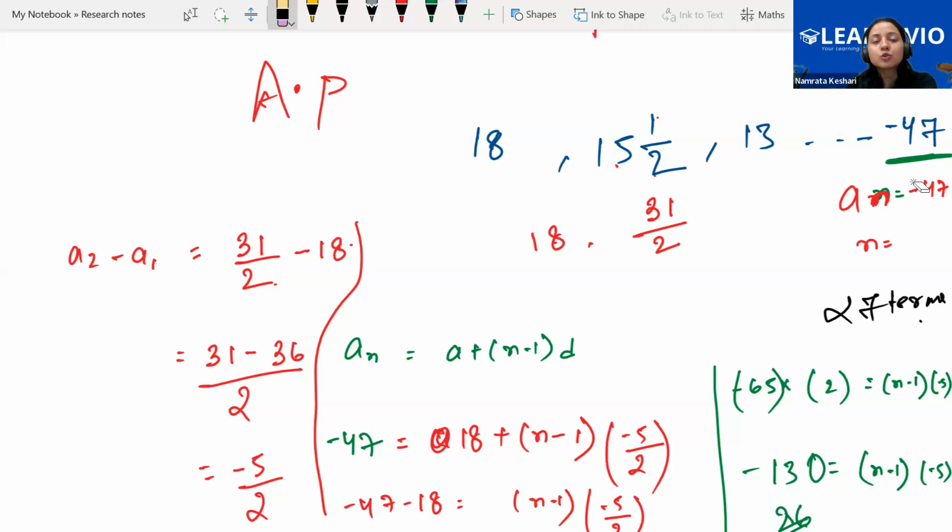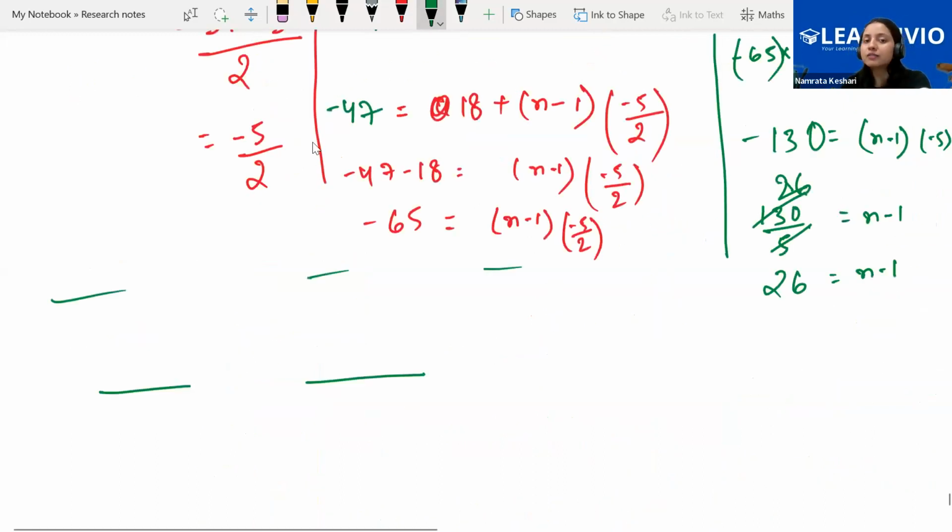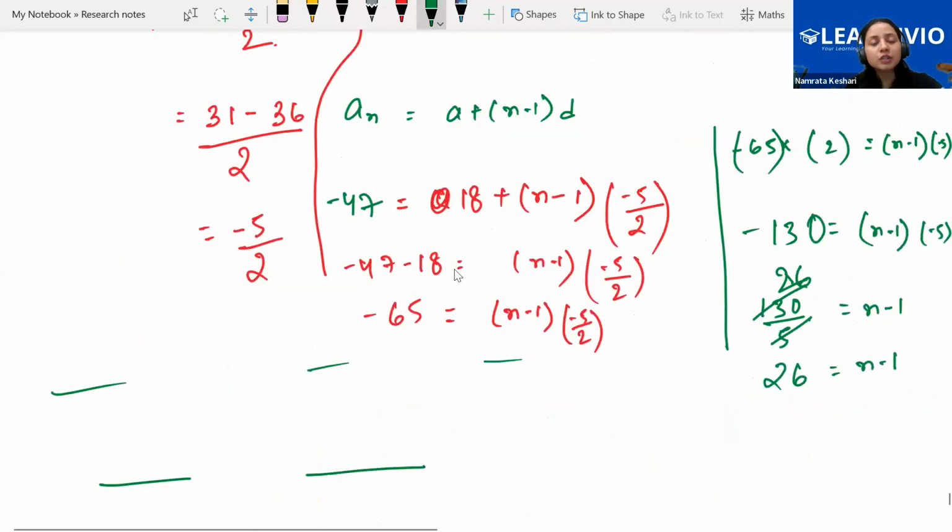Can we say that a total of 27 terms are there? Yes, ma'am. Okay, because the 27th term is minus 47, and in the sequence we can see minus 47 is the last term. So the total is 27 terms. Here, with the help of the same formula you are able to do the calculation.